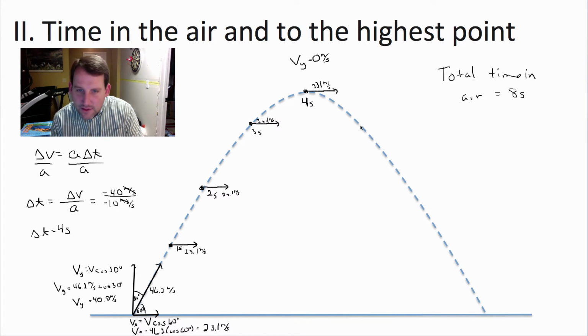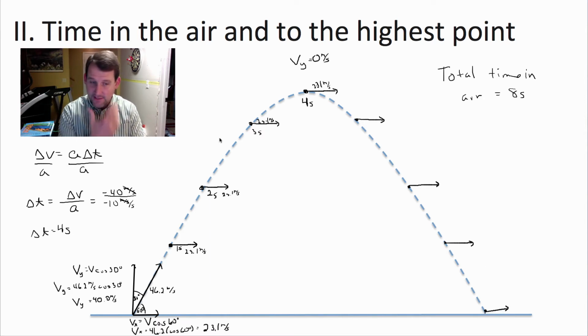Let's add the other side real quick. At 5 seconds, it should be the same height across this way. 6 seconds, 7 seconds, 8 seconds. Again, these are all 23.1, the exact same velocity as before.